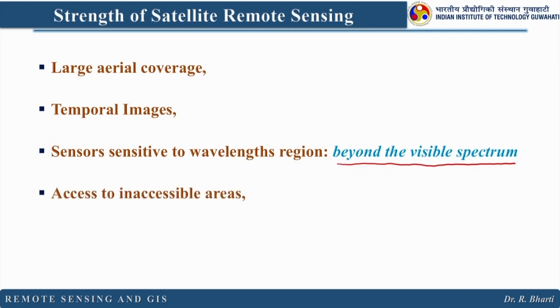Access to inaccessible areas, then Earth and planetary exploration. So these are a few strengths, there are many, but these are a few strengths of satellite remote sensing which I wanted to highlight.